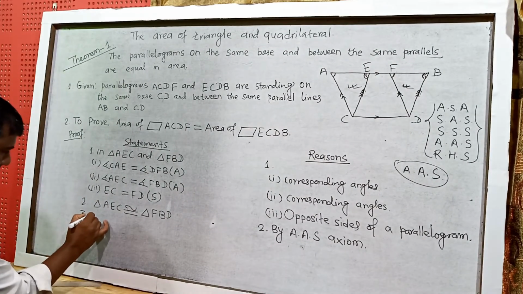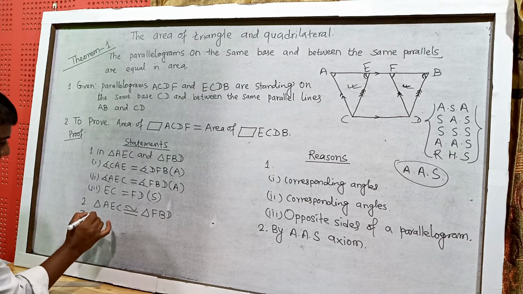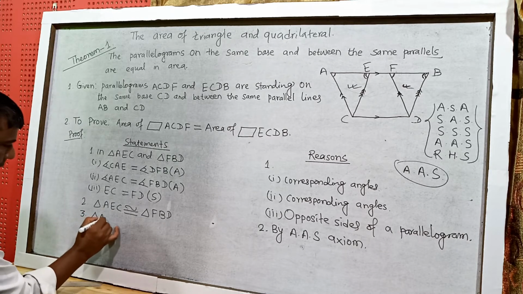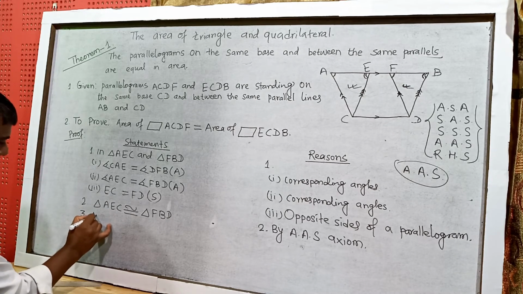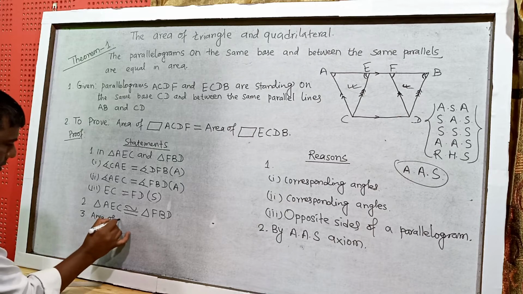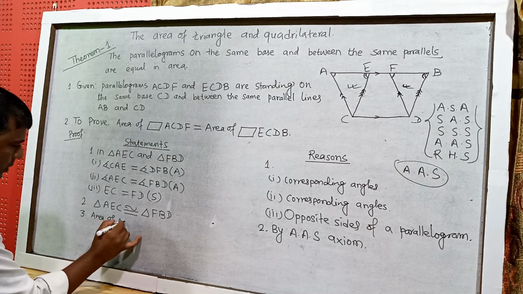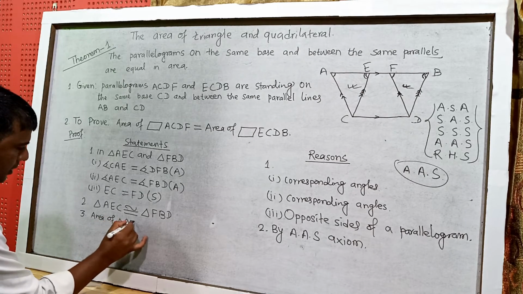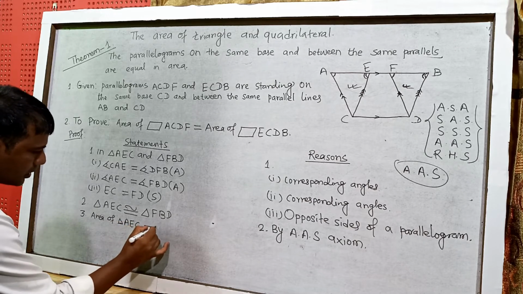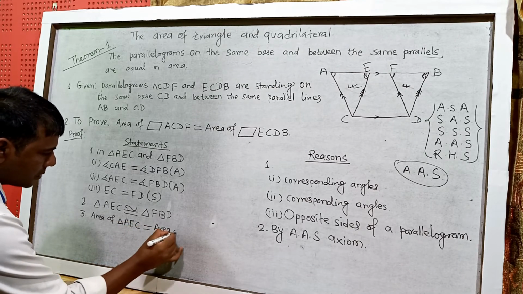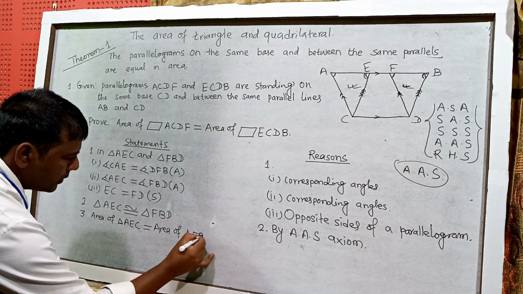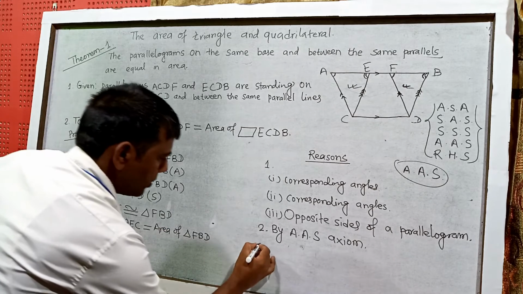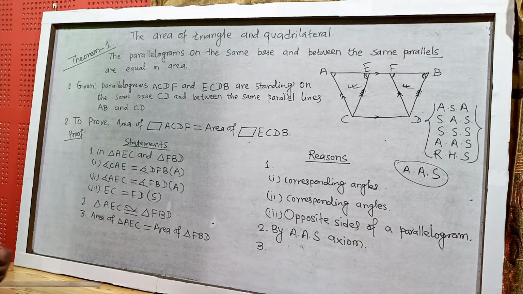So we can write here: area of triangle AEC equals area of triangle FBD. What is the reason?